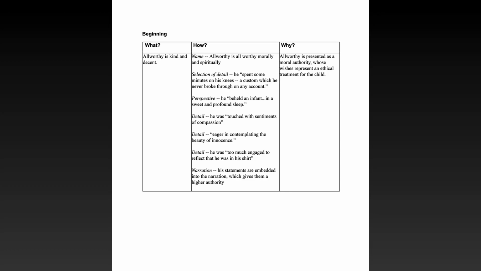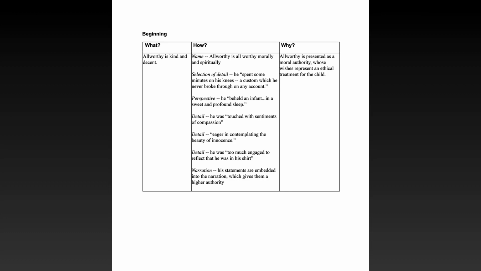Through his perspective, he beheld an infant in a sweet and profound sleep. That's his perspective coming through. He's touched with sentiments of compassion. He's eager in contemplating the beauty of innocence. He was too much engaged to reflect that he was in his shirt. So he's overcome with the beauty and the innocence of a small child.